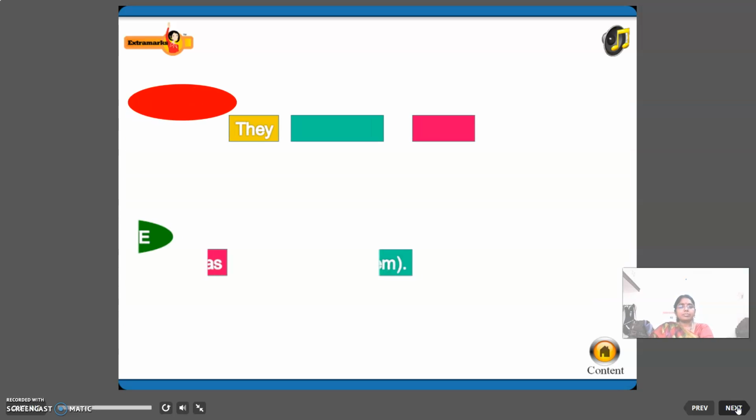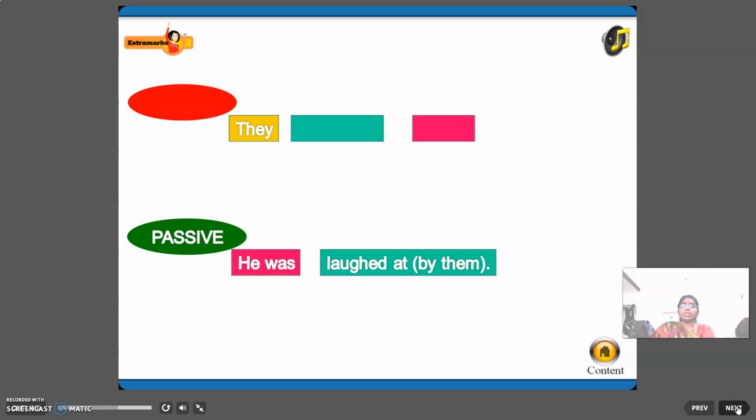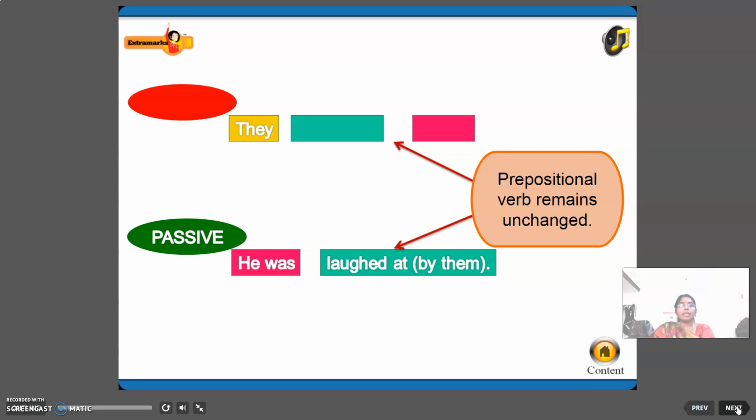Right, children? So the active was, they laughed at me, or they laughed at him, whatever it is. Laughed at is the prepositional verb that remains unchanged in active and passive voices.